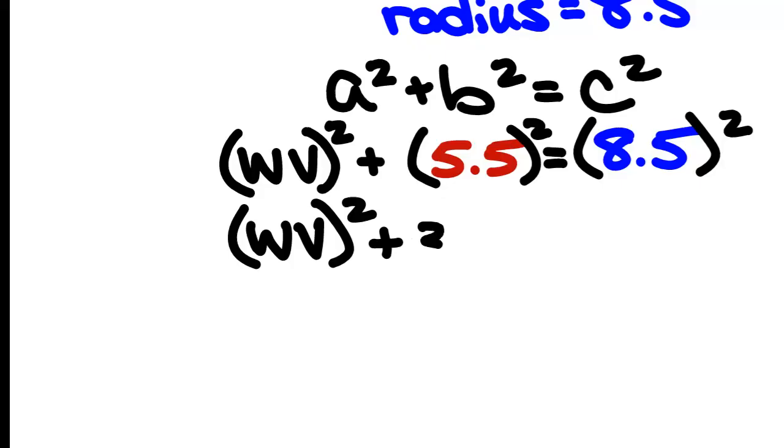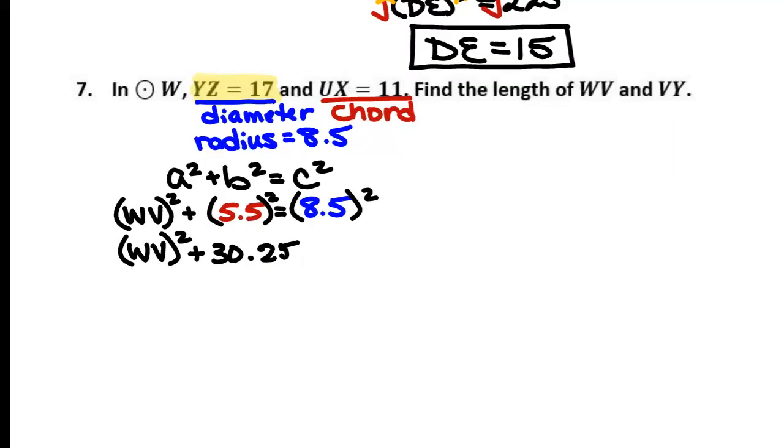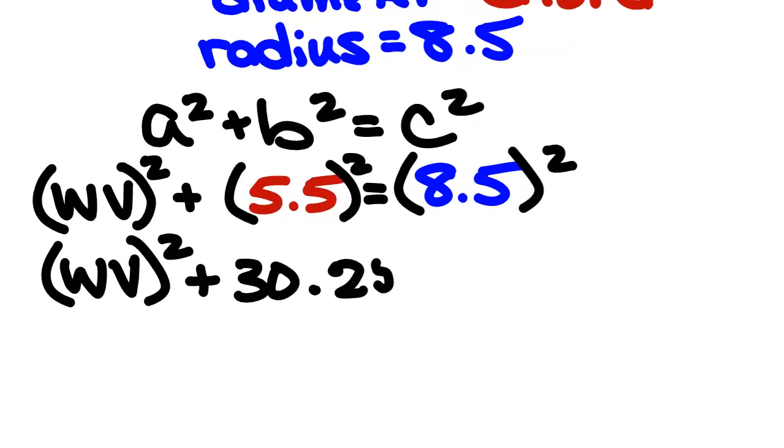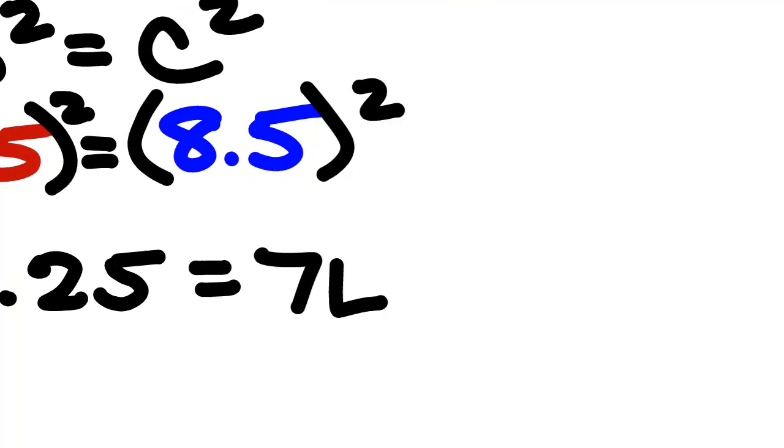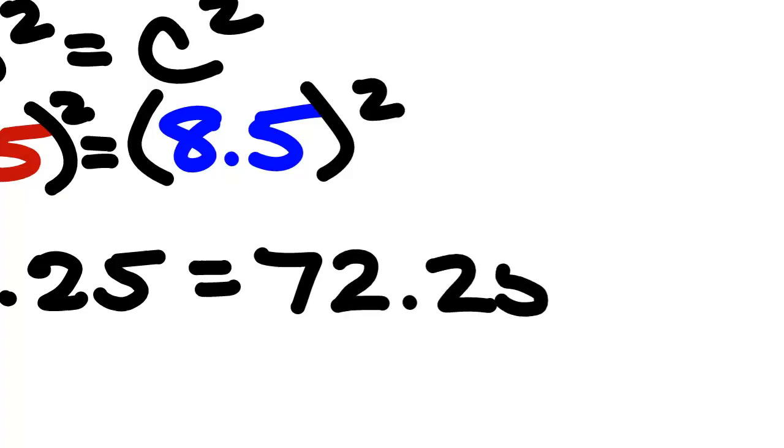Plus 30.25 equals 8.5 squared. What is 8.5 squared? 72.25. Okay, hopefully it's working now.